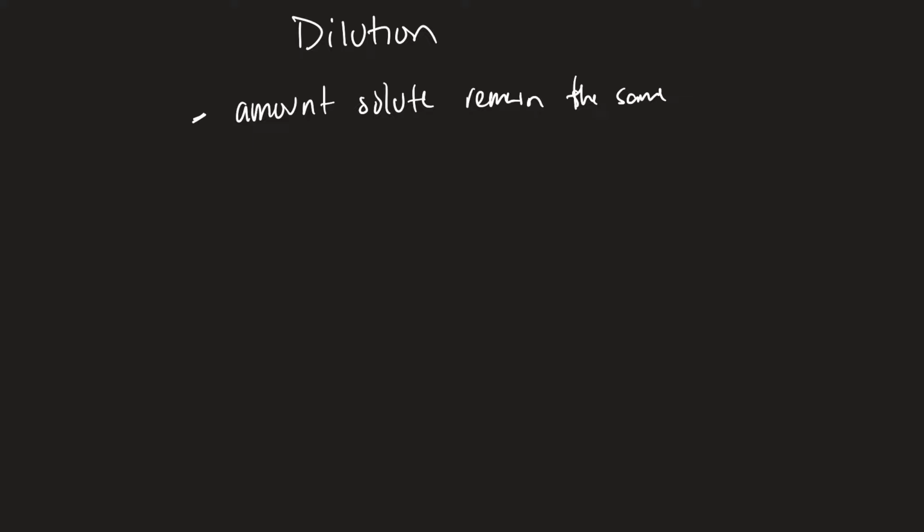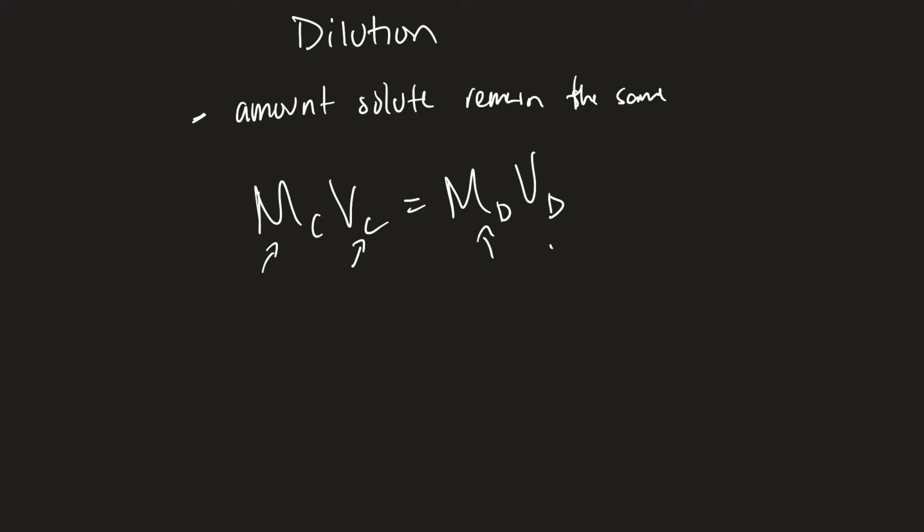simple equation to dilute. And the equation is MCVC equals MDVD. What does this mean? This means the molarity of the concentrated solution times the volume of the concentrated solution is equal to the molarity of the diluted solution times the volume of the diluted solution. The equation could be rewritten in many different ways.